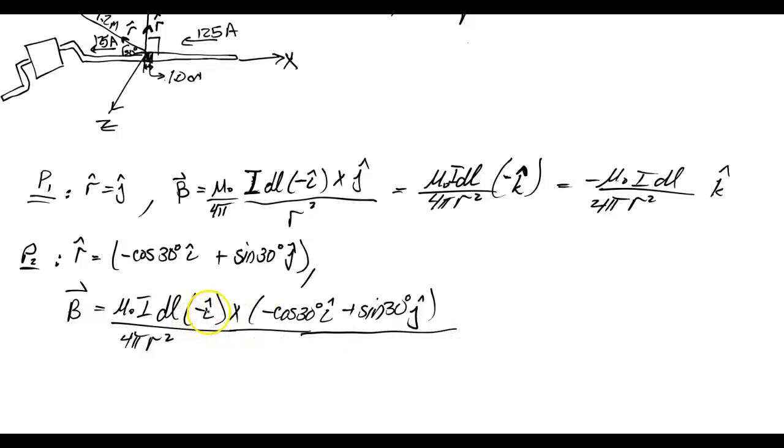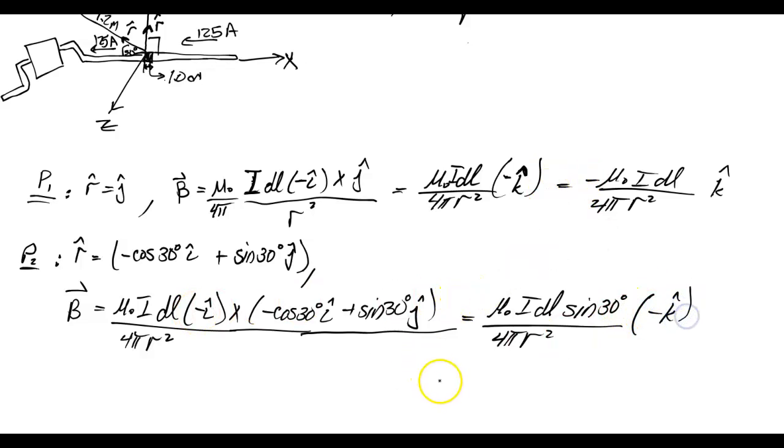And we know that when we cross an I hat with an I hat, it disappears, so we only get a contribution from the j hat, and this gives us mu naught I dl sine 30 degrees over 4 pi r squared, minus I times j we already know is a minus k hat, so this again equals minus mu naught I dl sine of 30 degrees all over 4 pi r squared k hat.